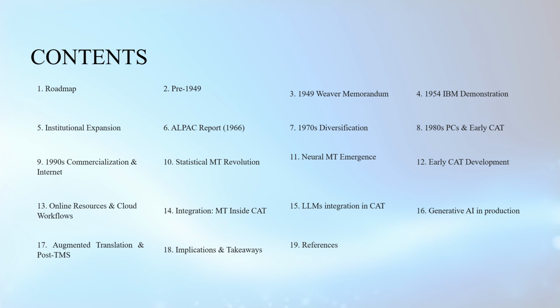In the following step, we'll examine how computer-aided translation tools were created and developed, and end by looking at how machine translation and computer-aided translation are now combined in modern cloud-based translation environments.